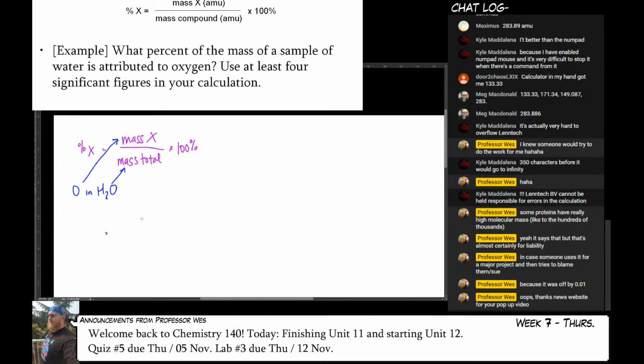So if I look on the periodic table, oxygen is 15.999 AMU. If I want the mass of water, I have to go to Lentech. Do I still have Lentech open? I do. It should be 18.02 is what they gave me.